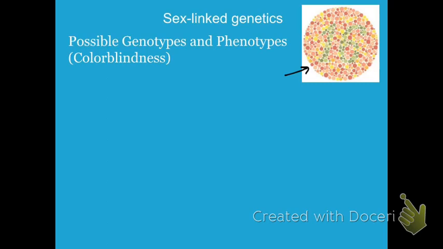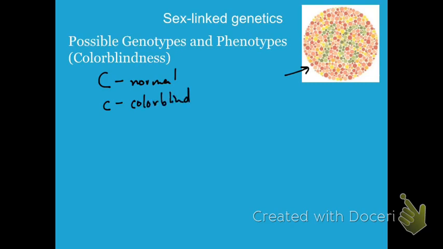So we know that color blindness is a recessive trait. Now we use the letter C, even though it's a recessive trait, so that we know what disease we're talking about. Capital C would be normal, no color blindness, and lowercase c would be colorblind.